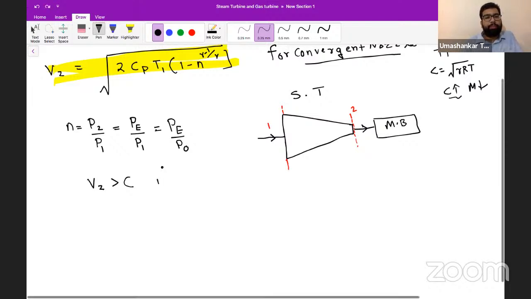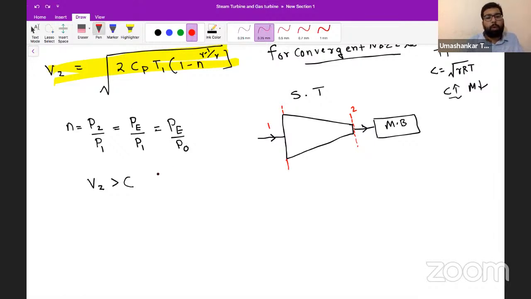If I talk about only a convergent nozzle, this can't happen. This is not possible. V2 cannot be greater than C.